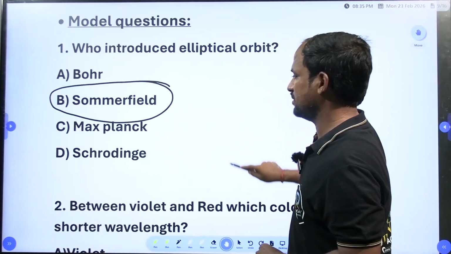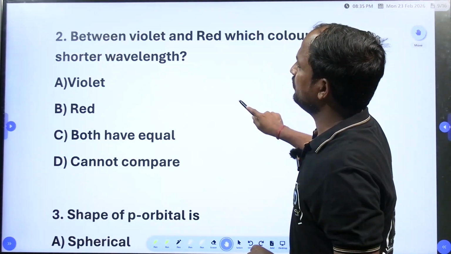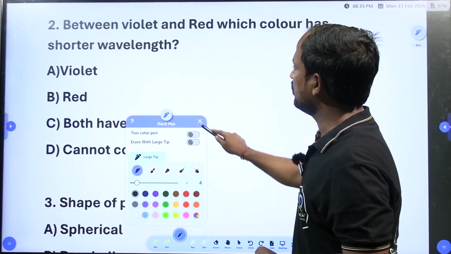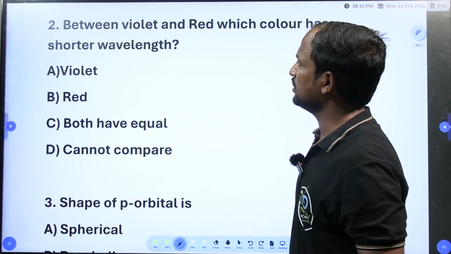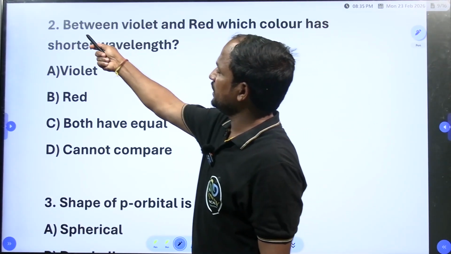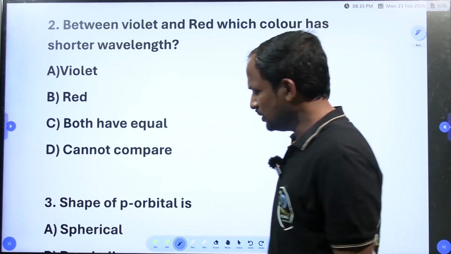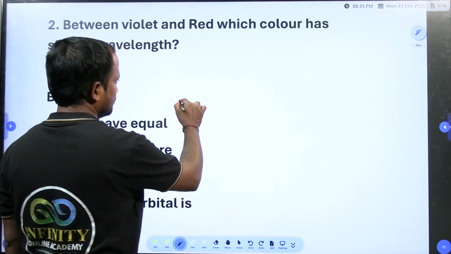Next question. Between violet and red, which light has the shortest wavelength? Observe here, wavelength, violet and red color. Already in the last session we discussed this.